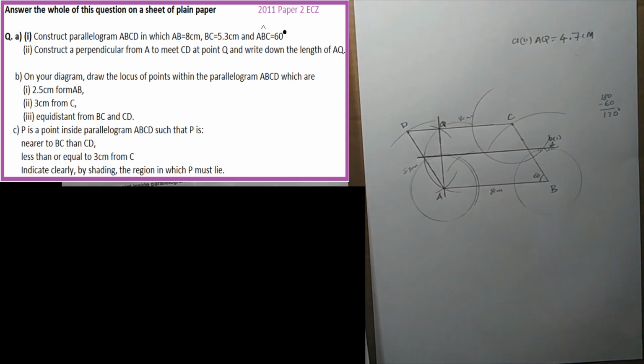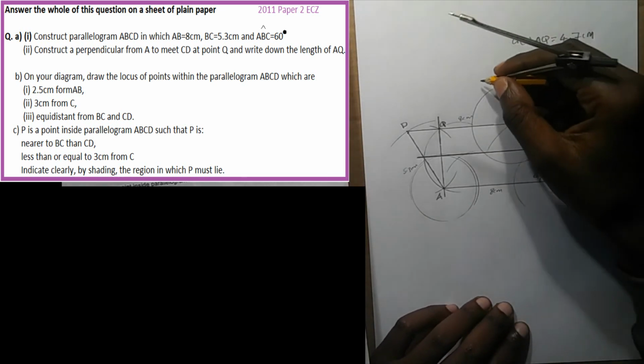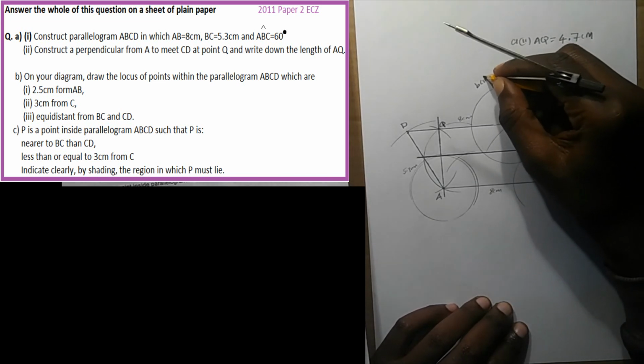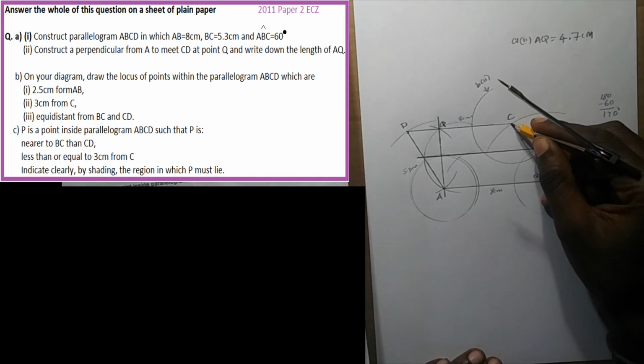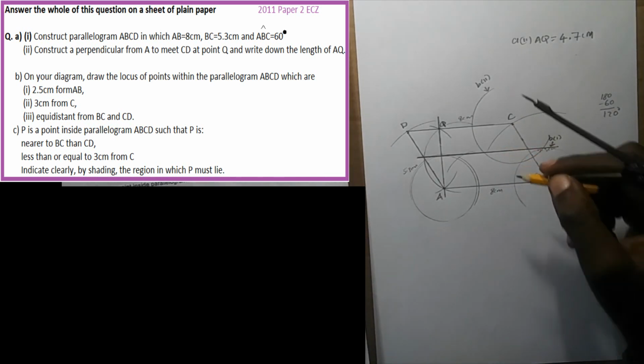So this arc here is part 2 of question B. Okay, so we have drawn 3 centimeters from C. So when you measure from C here up to the arc there, that's 3 centimeters.